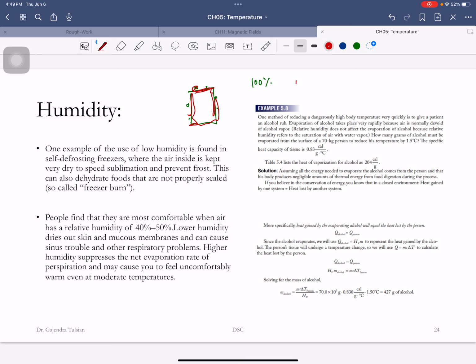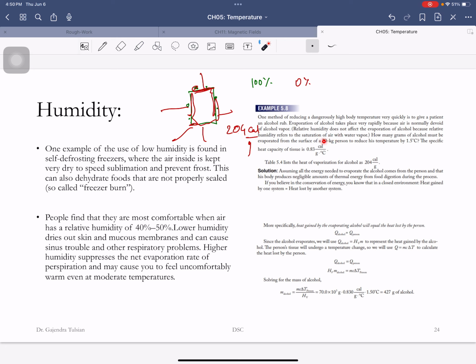So the relative humidity for alcohol is 0% in the atmosphere, so this alcohol will evaporate fast, and it'll take away 204 calories per gram.